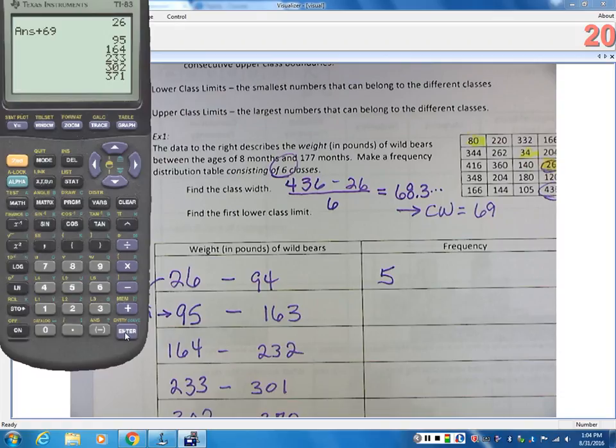So what I'm going to show you to do, and you can also do this in Excel, but right now we're going to do it on the calculator. I'm going to show you how to do your first statistics problem on your calculator.